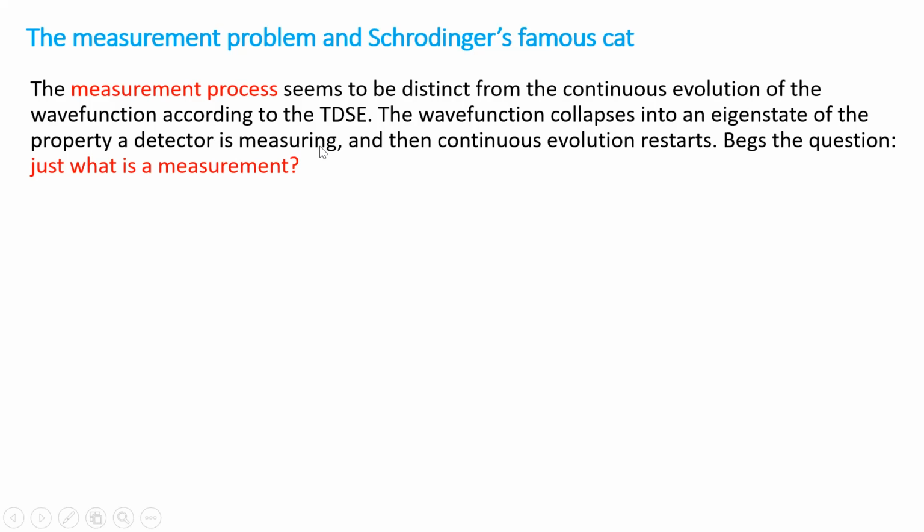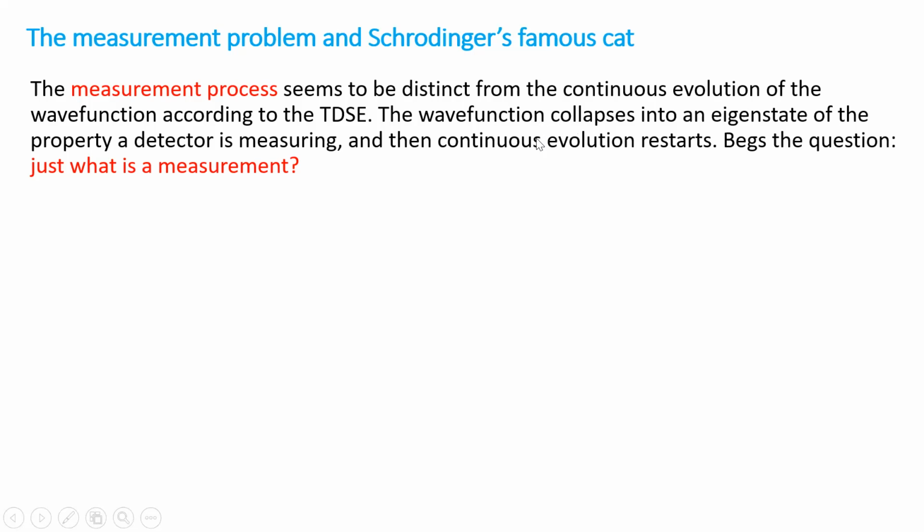All the possibilities of the wave function hitting the screen collapse, and when the particle hits the screen and is observed, it hits a specific point on the screen. So it collapses into a position eigenstate on the screen. But then once the act of measurement has taken place, until another measurement takes place, continuous evolution restarts from the new wave function.